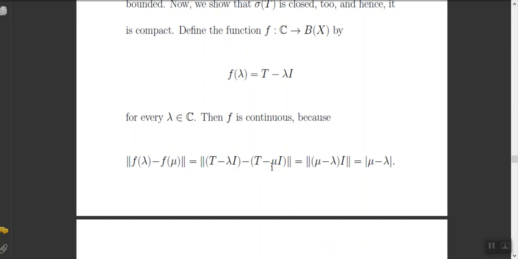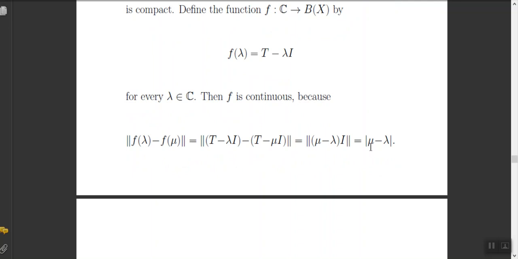If we factor out I, we have the norm of (mu minus lambda) I, and by the property of the norm, this equals the absolute value of mu minus lambda times the norm of I, but the norm of I is 1. So we are left with this. This shows that f is continuous, because when mu approaches lambda, f of mu approaches f of lambda.